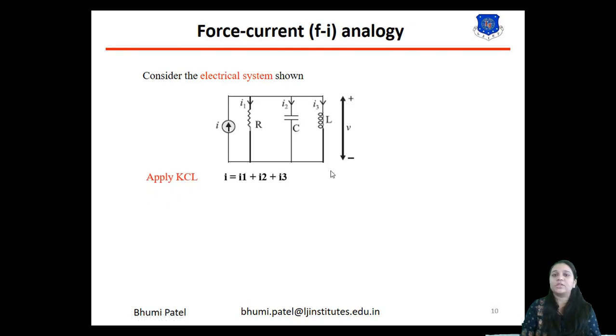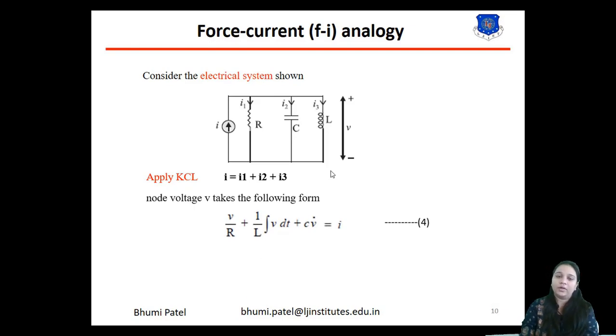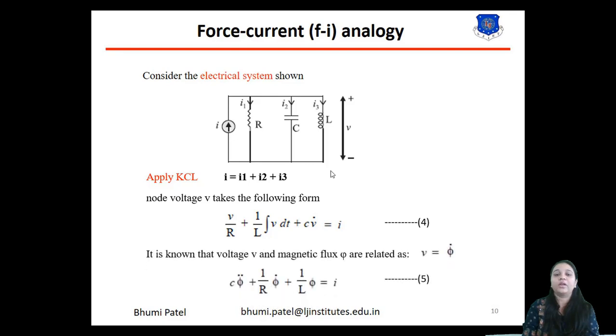The total current I is equal to the summation of the individual currents I1 plus I2 plus I3. Now, the node voltage V takes the following form: V upon R using Ohm's law, plus 1 by L integration of V dt plus C V dot is equal to I, equation number 4.